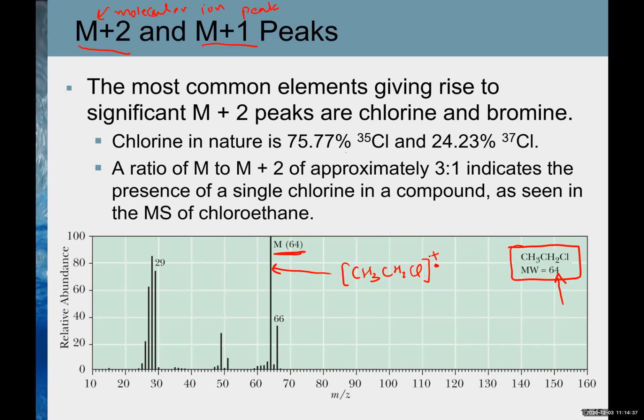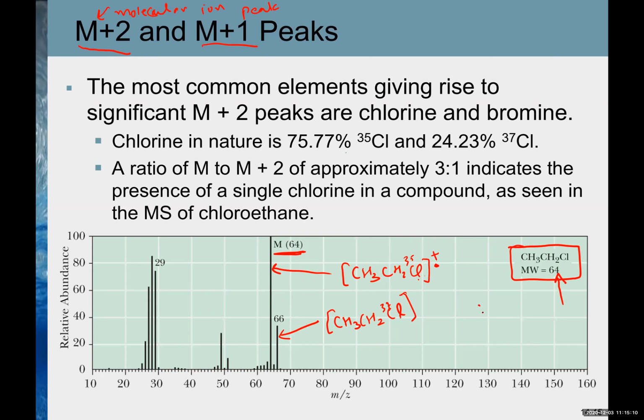Right? Then what is this peak? 66. It's not chlorine. It is the same molecule in which the chlorine is the heavy chlorine, or 37. This is the 35 chlorine. So this is the same molecule, but the chlorine is replaced by the heavier isotope of chlorine.